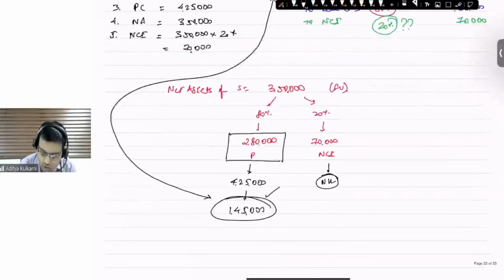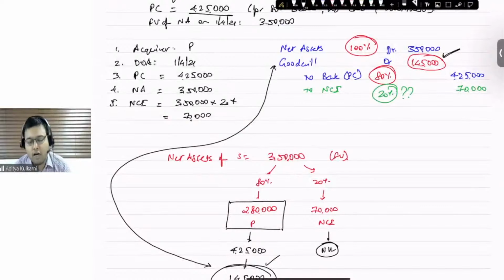Nothing in this goodwill belongs to non-controlling interest. Are you okay now? Have you understood? Yes. This goodwill of 1,45,000 is solely attributable to the parent. Okay. All right. Everybody understood this?